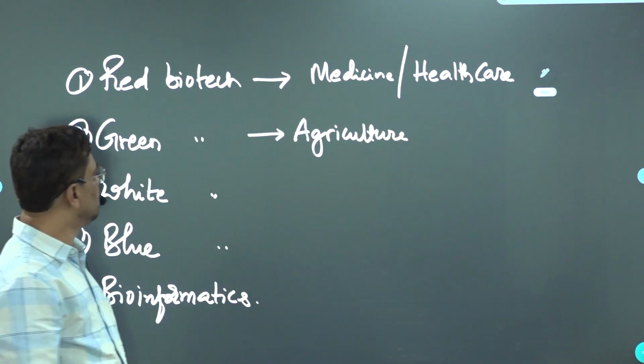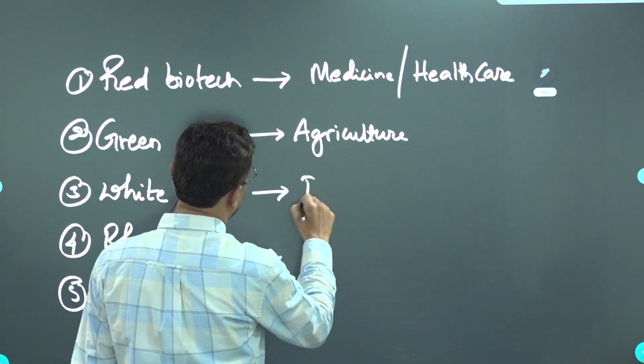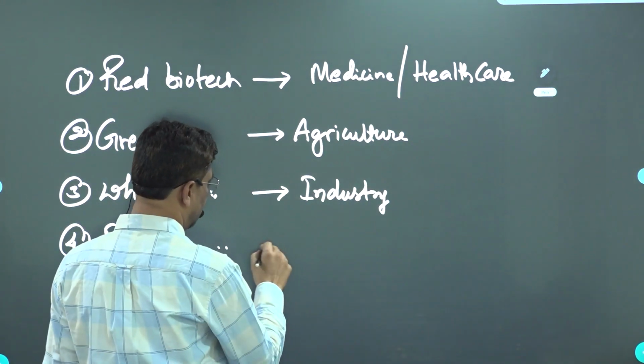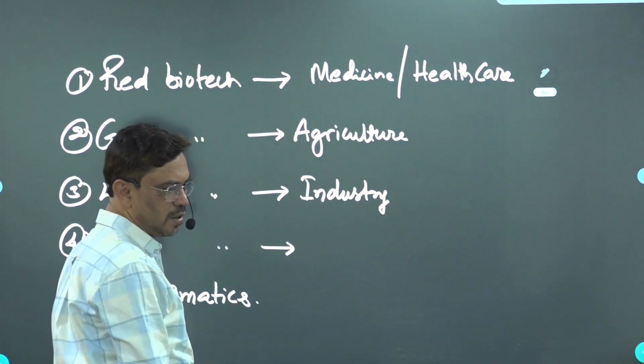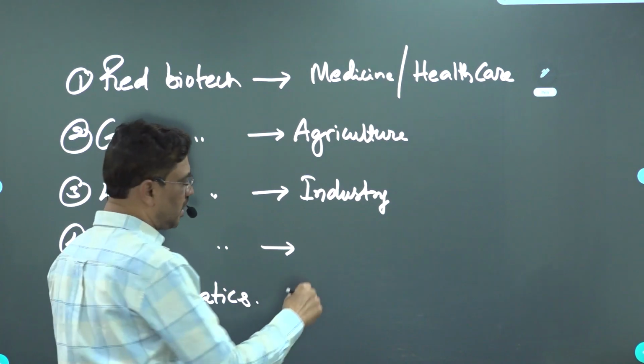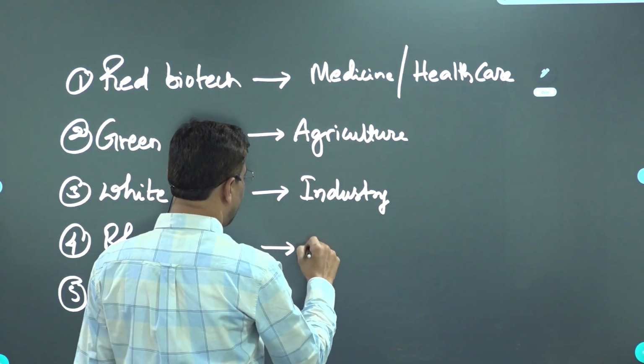Just remember these terminologies. Application of biotechnology in industry, or industrial application of biotechnology, is called white biotechnology. Blue biotechnology is the application of biotechnology for the improvement of marine flora and fauna.